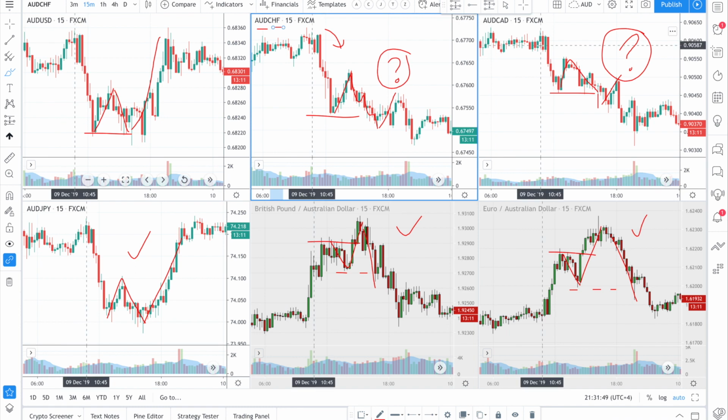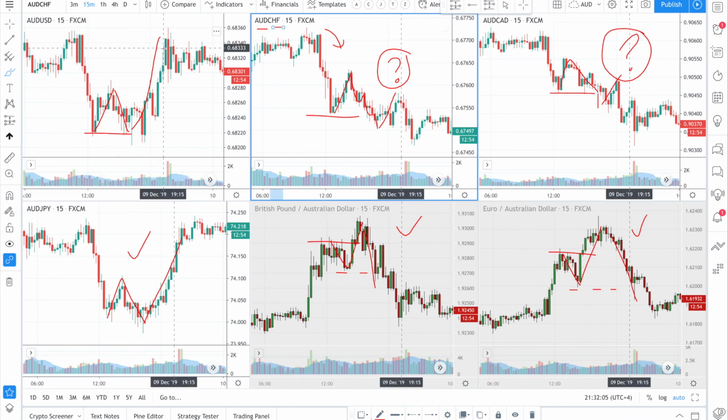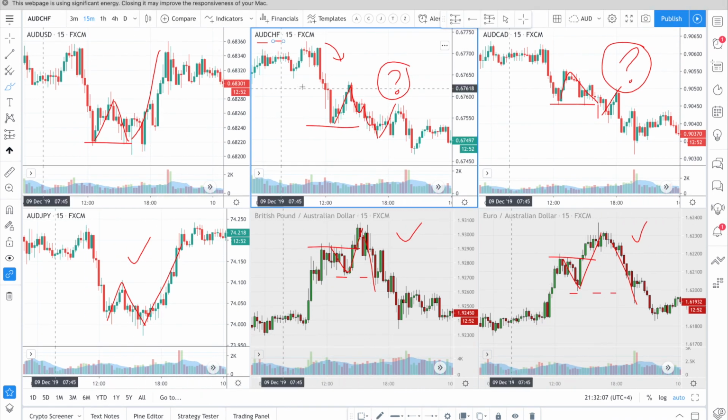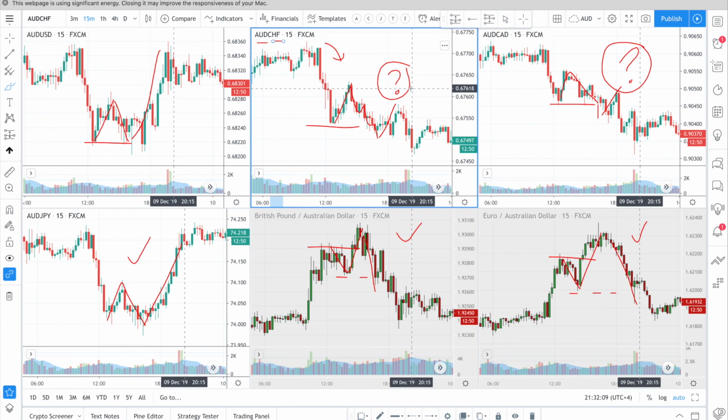This can give you a heads up. I know that fundamentally Aussie can be weak and Swiss franc is strong. Let's say I did my research and I know that fundamentally, but now I can also feel it on the correlation. I can see why Aussie is weak and Swiss franc is strong because I can compare it to the others. When you do stuff like this, it adds to your confirmation of what you know is in play.